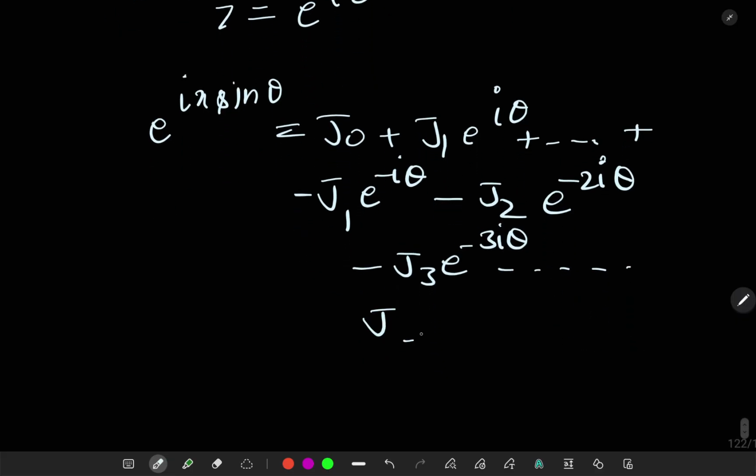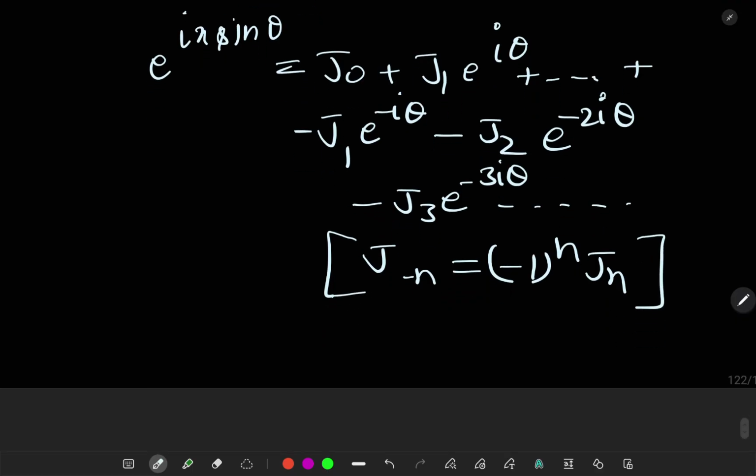Here J minus n is equal to minus 1 raised to power n Jn. This is a very important formula.